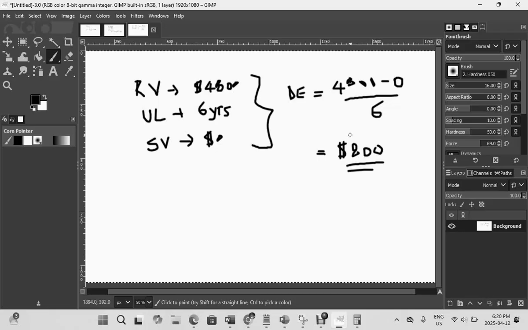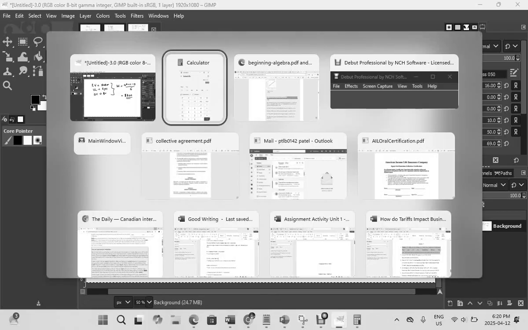You will lose $800 in depreciation expense each year for 6 years until the value of that copy machine is $0. So this is basically how you solve word problems as well as depreciation expense.